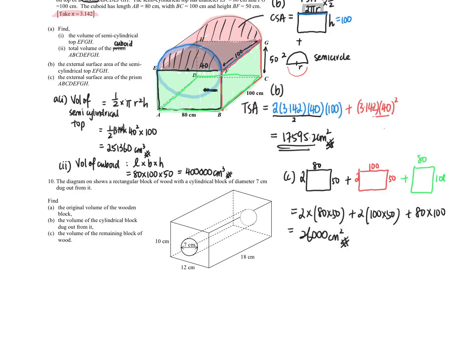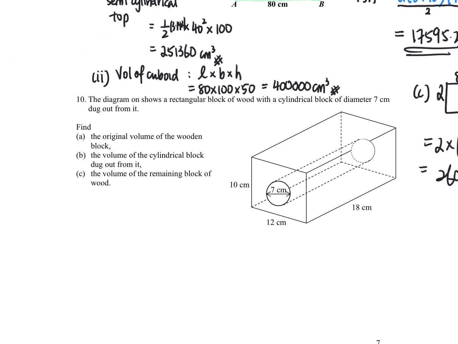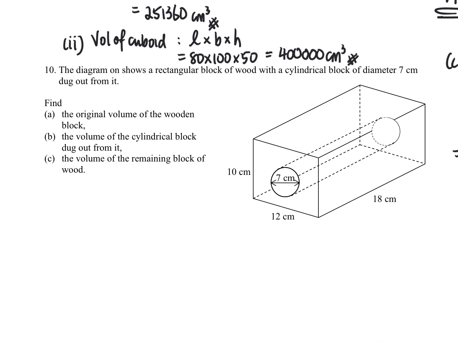Okay, anyway, this one should be easy enough. It's a cuboid and you drill a cylinder out of it. Because you know your drill is always cylindrical, when you drill it up, you get a cylindrical hole, a hollow hole.